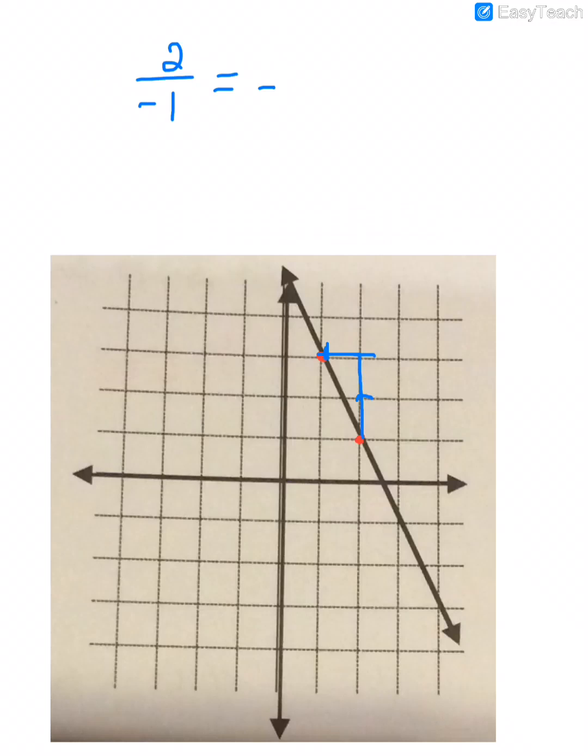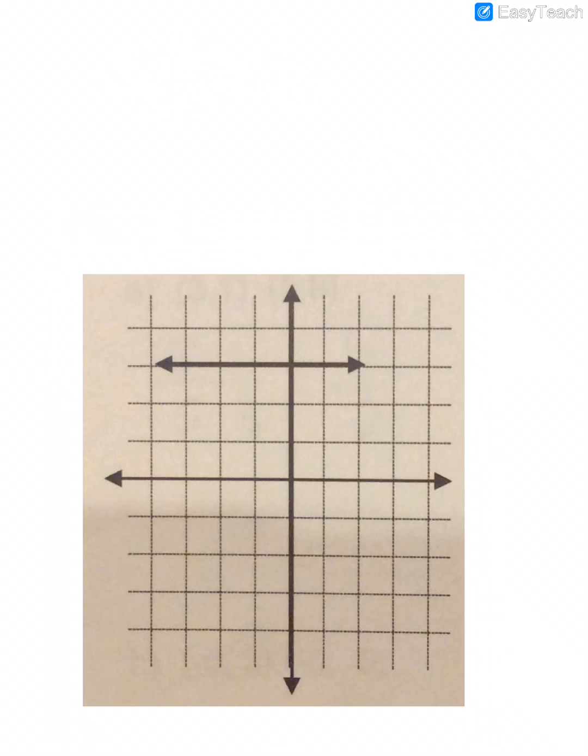So negative 2 would be my slope. Again, if I did it a different way, if I went from the top one to the bottom one, I'm rising a negative 2, 1, 2, because I'm going down 2. So that would be a negative 2. And then I'm running a positive 1. So that would be a negative 2 for my slope.